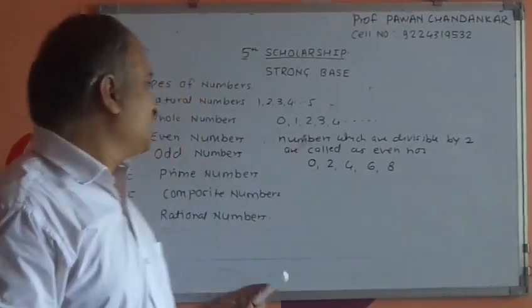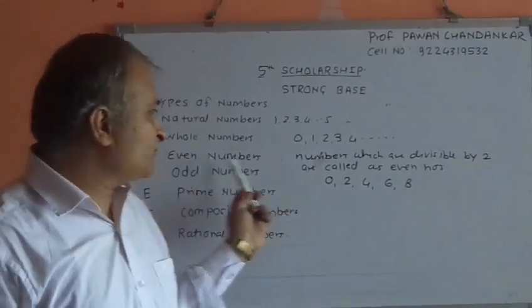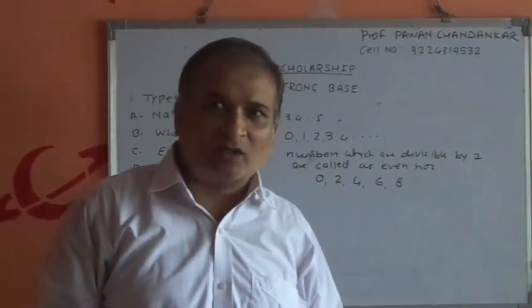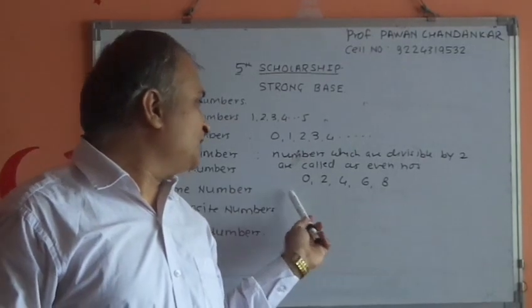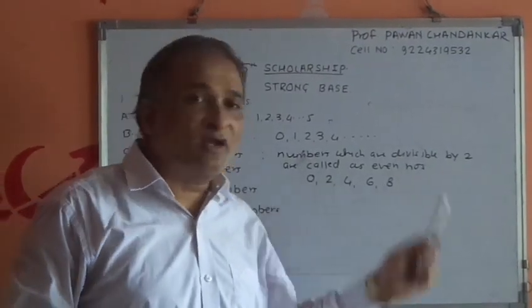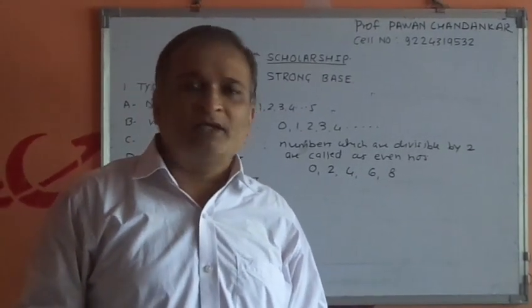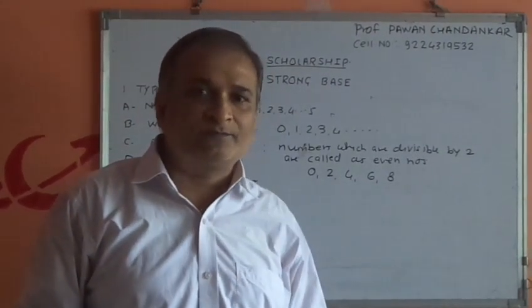Okay, kids. So even number means what? Numbers which are divisible by 2 are called even numbers, or a number which bears either 0, 2, 4, 6 or 8 at its unit place, that particular number will be called an even number.